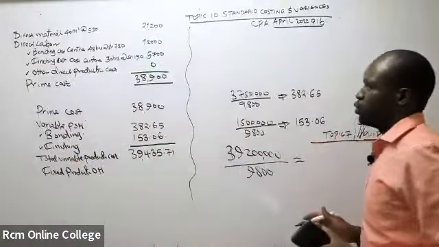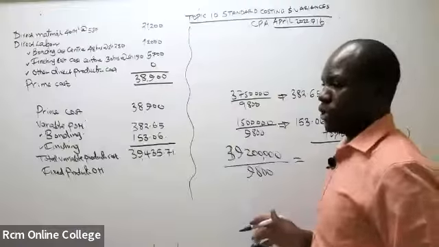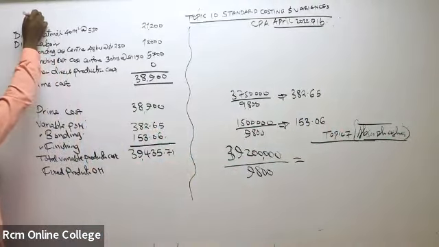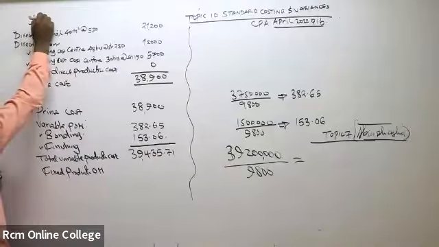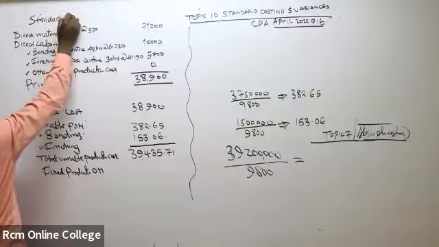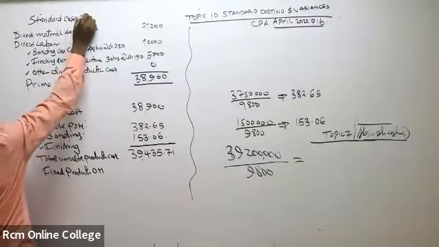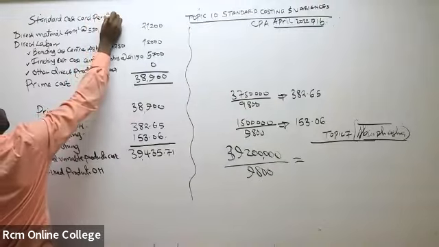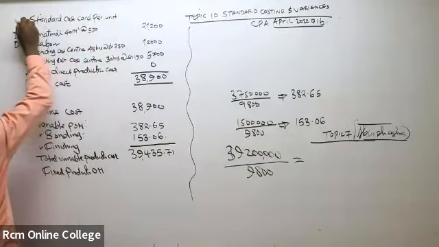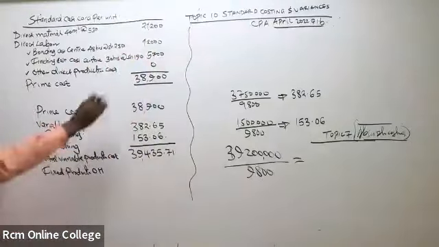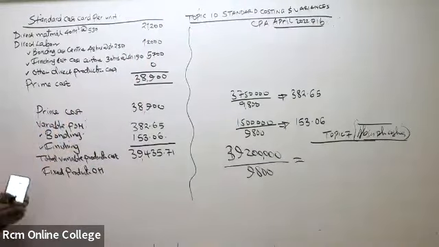Don't combine the two. I wish tungelewana hapa hivi. So what you can do, put standard cost card per unit. What we are putting here is the cost incurred per unit.